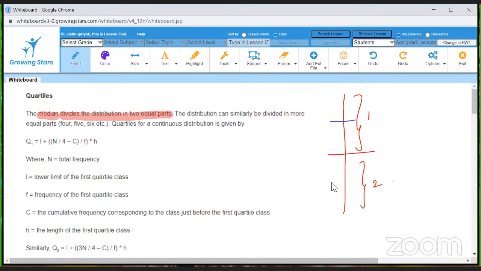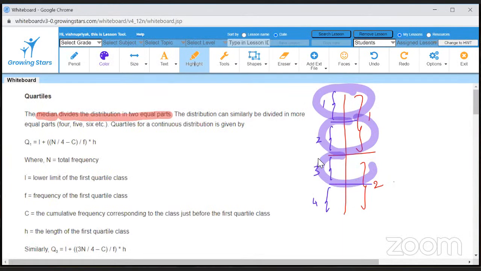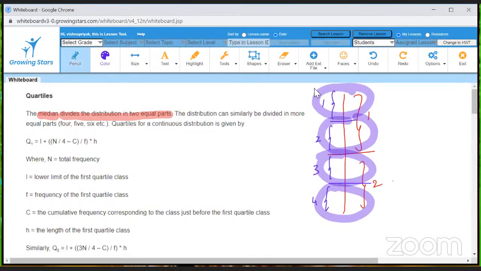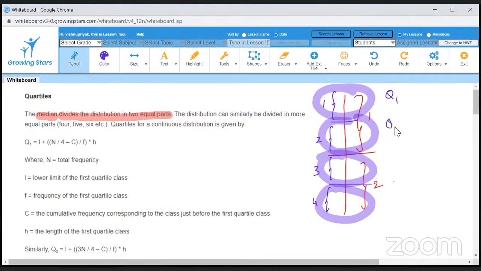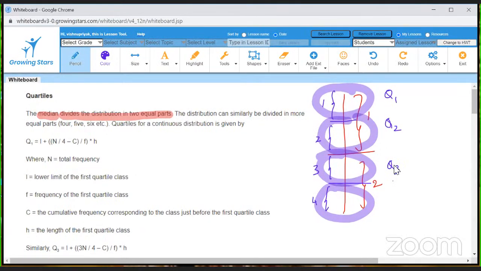This is the first part, the second part, the third part, the fourth part. You can distribute it into four equal parts or 8 equal parts like that. So each one is called a quartile: first quartile, second quartile, third quartile, fourth quartile. Q1, Q2, Q3, Q4.